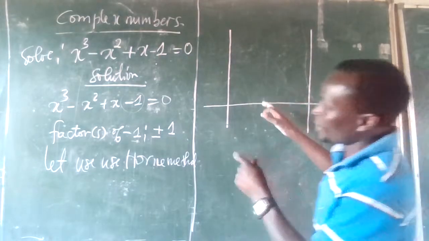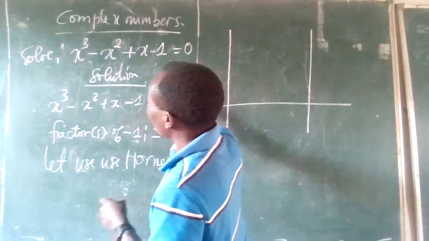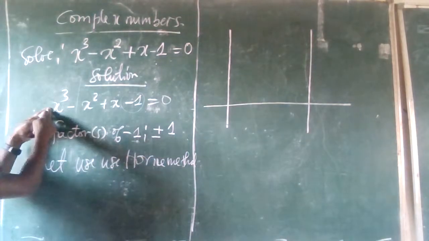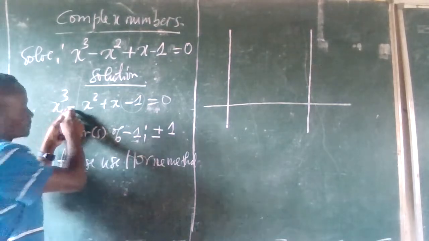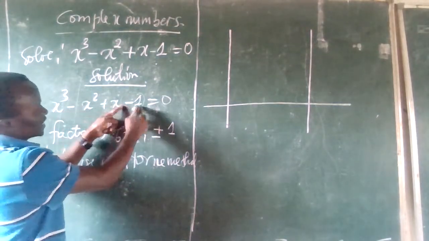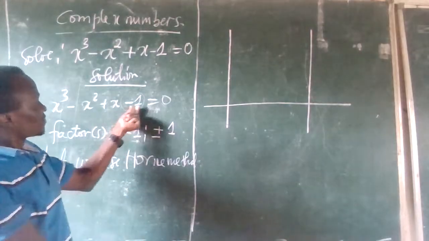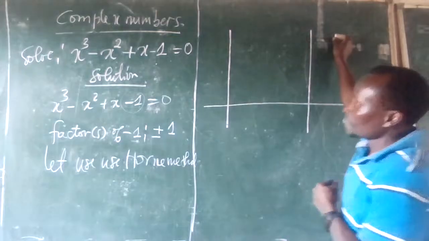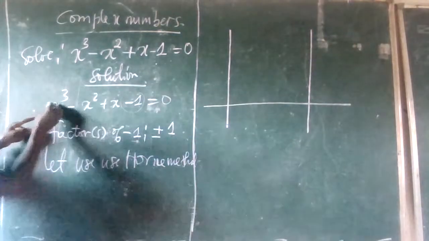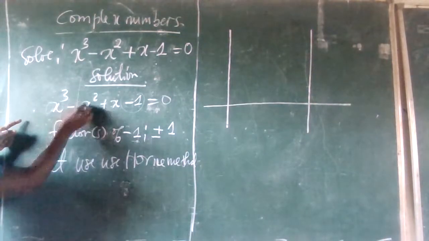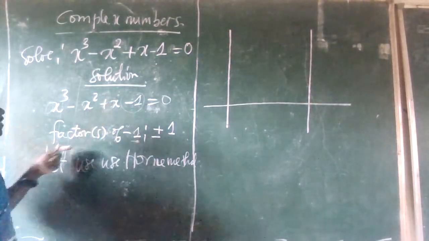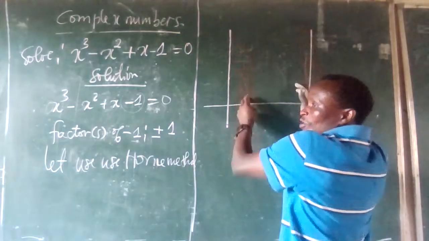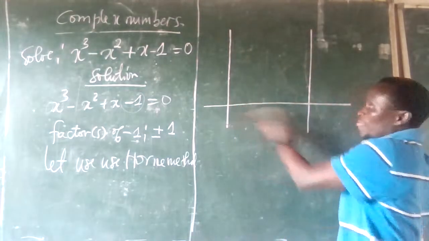The coefficients of x will be in the middle of those two vertical lines.